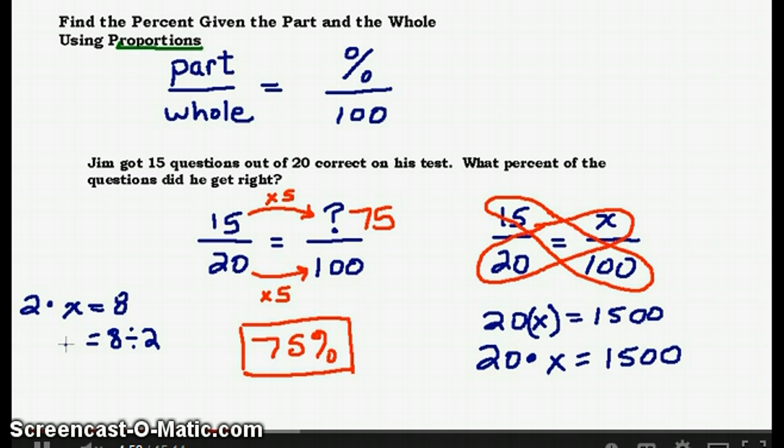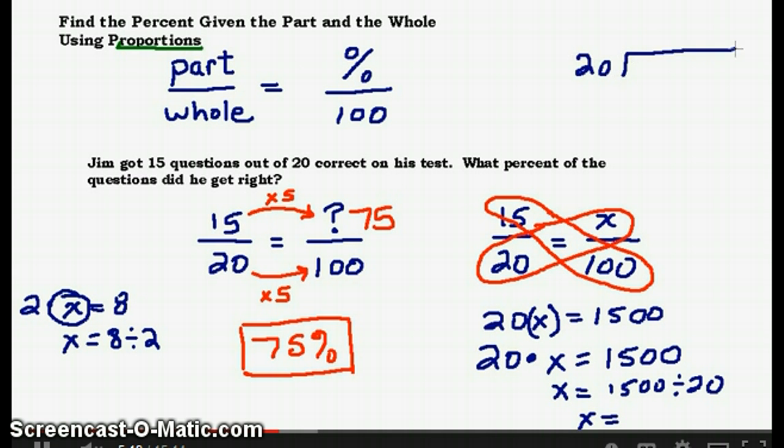So x equals 8 divided by 2, which equals 4. And if you check your work, 2 times 4 equals 8. In the same way, we'll go back to our original problem, and to find x, we'll do 1,500 divided by 20. This might be hard to do in our head, so let's do long division on the side.